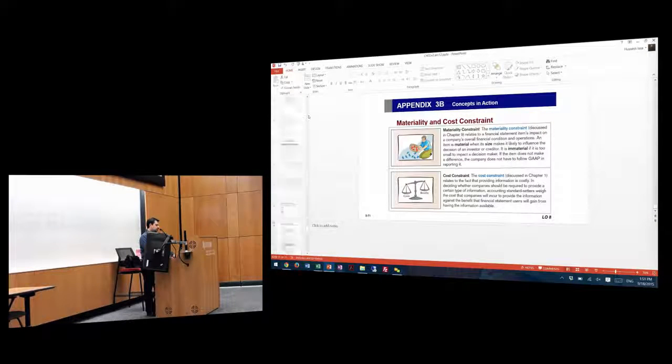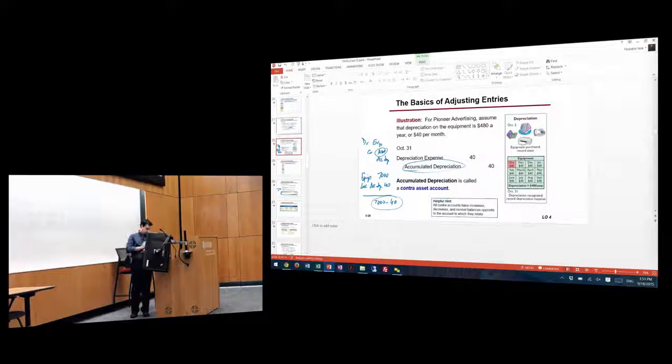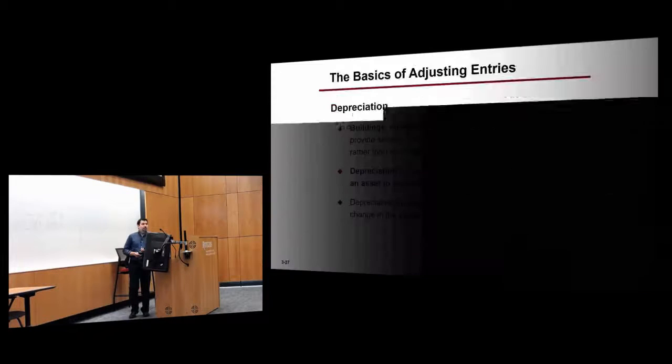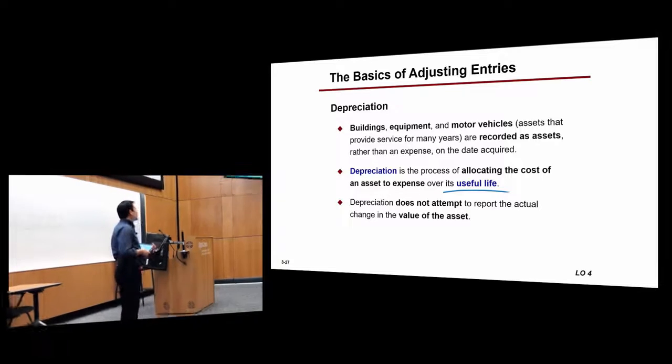Now we can continue with our lecture. What did we talk about? We were talking about adjusting entries. Remember adjusting entries? We said that adjusting entries are important. Why? Because they will update the trial balance.